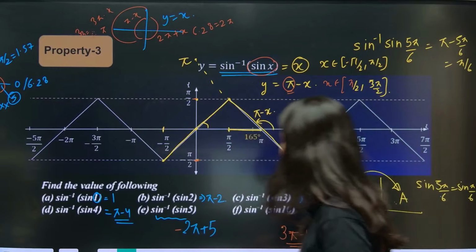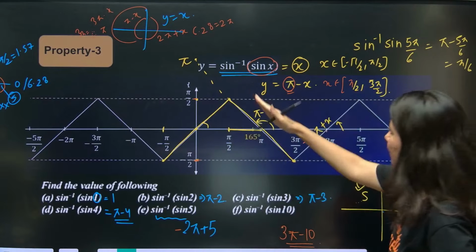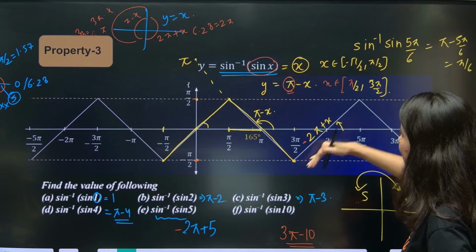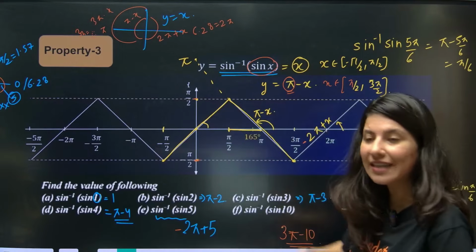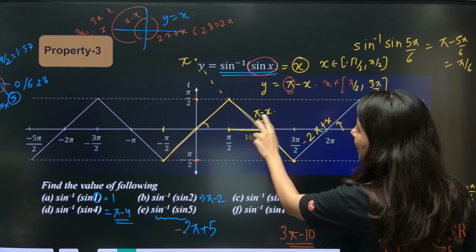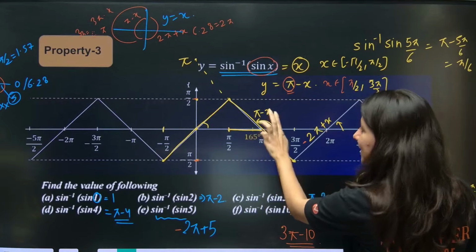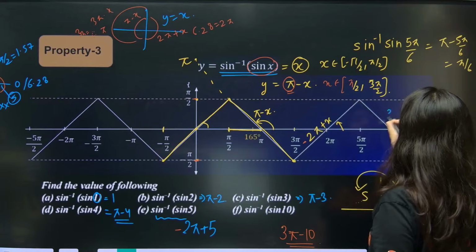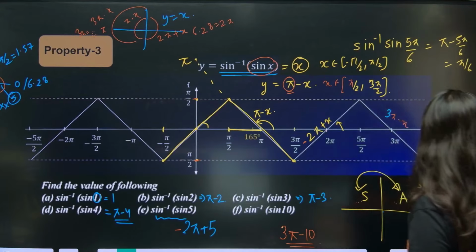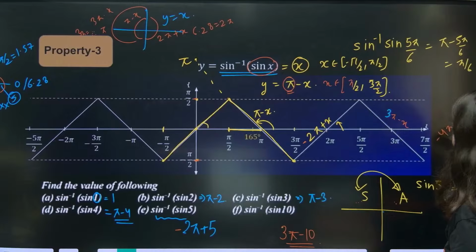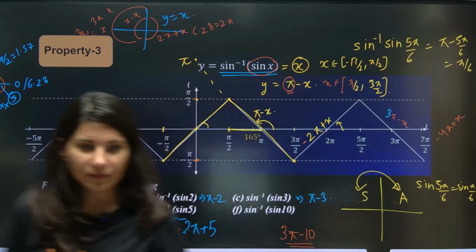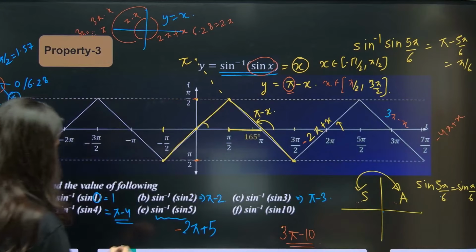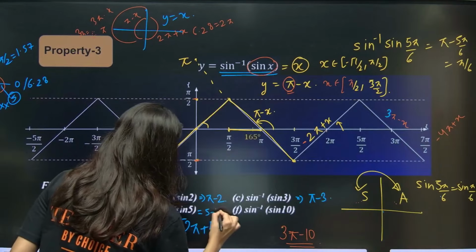So this is pi minus x. Then this is minus 2 pi. See, both the signs will get reversed. You add pi. So this will be 2 pi minus x. Now reverse it. Now this will be 3 pi minus x. Next will be minus 4 pi plus x. Like that. Sorry, my bad. So I think this one will be 5 minus 2 pi.